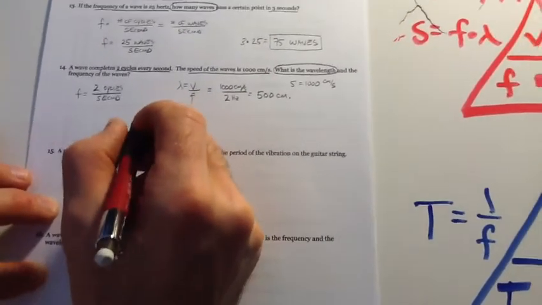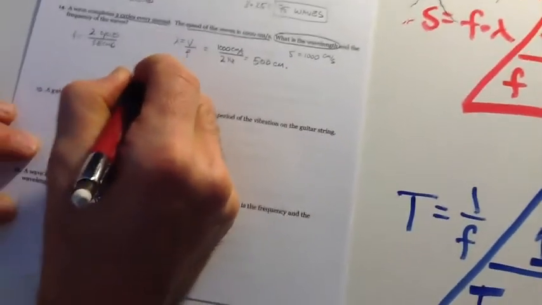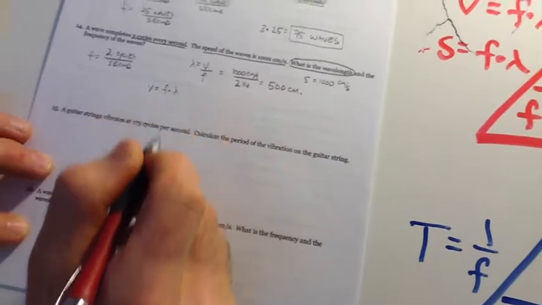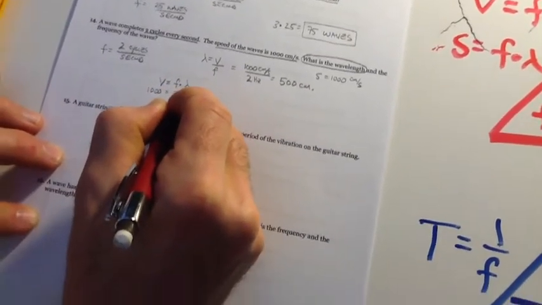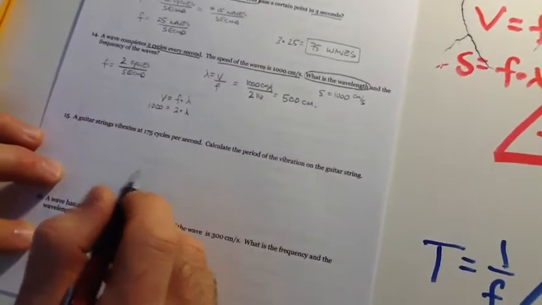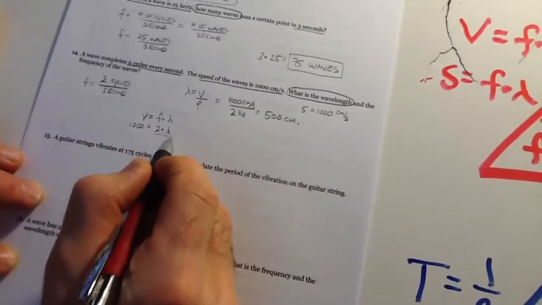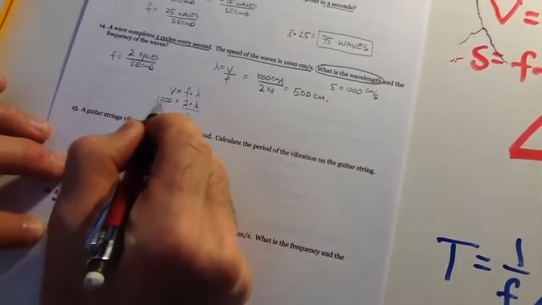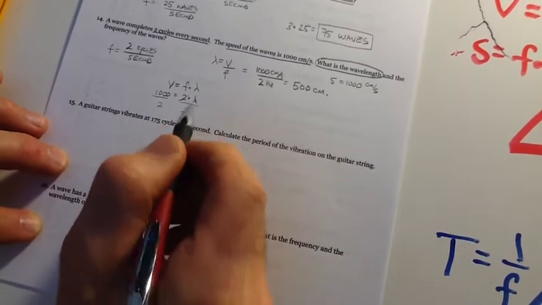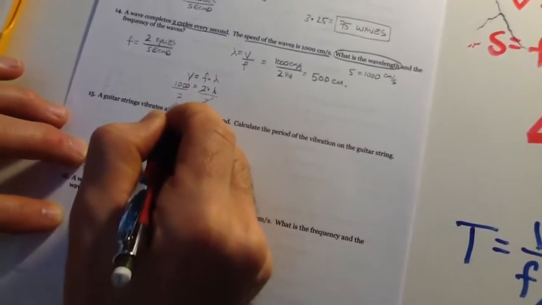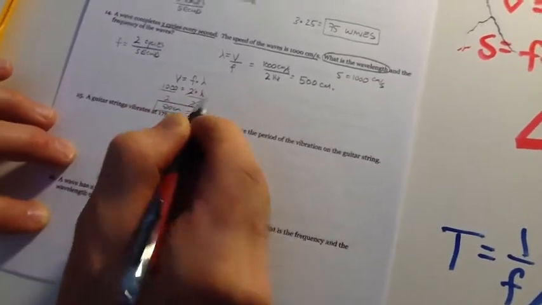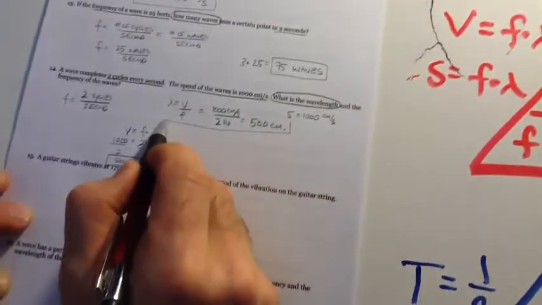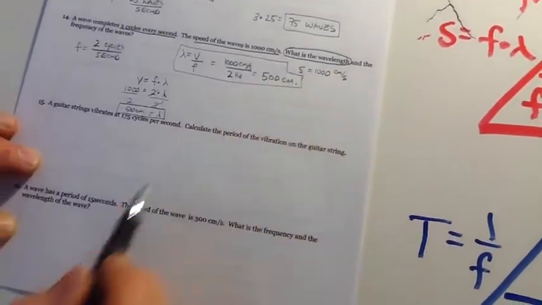If you understand the algebra here, velocity equals frequency times wavelength. Velocity was 1,000, frequency was 2 times wavelength. To get rid of the 2 on this side, we divide each side by 2, and then we have wavelength equals 500 centimeters. Same answer, one using the triangle and one using just algebra.